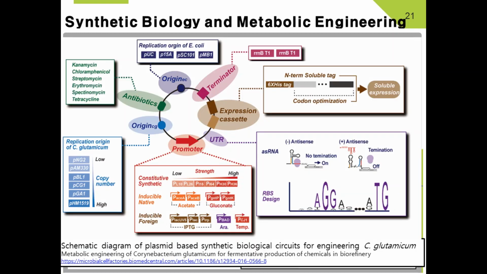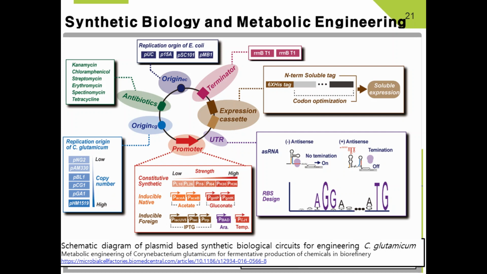Now, since a plasmid is an important synthetic biology tool for metabolic engineering, I'll discuss it further in this slide. So a plasmid is what you use. It's a synthetic biological circuit that you can use to engineer your strains.